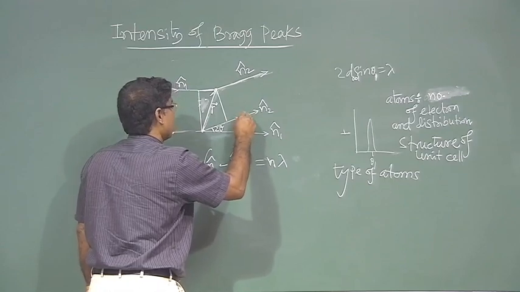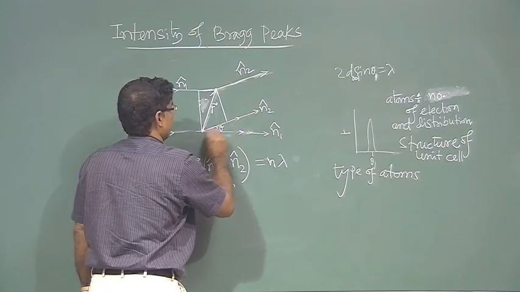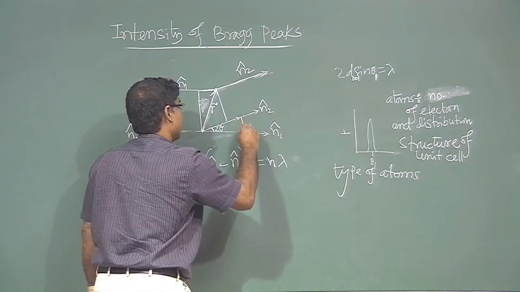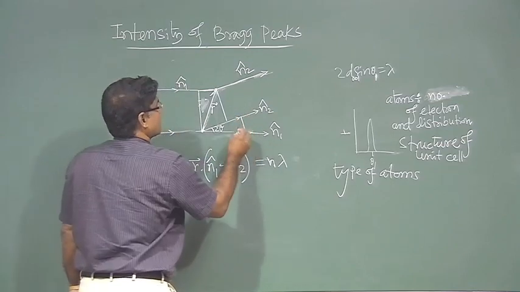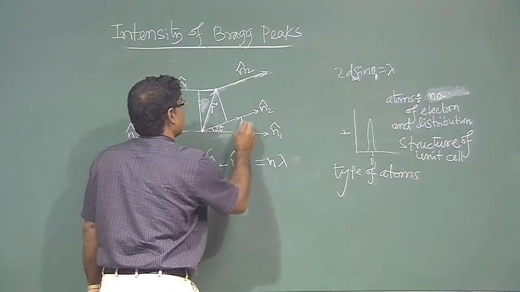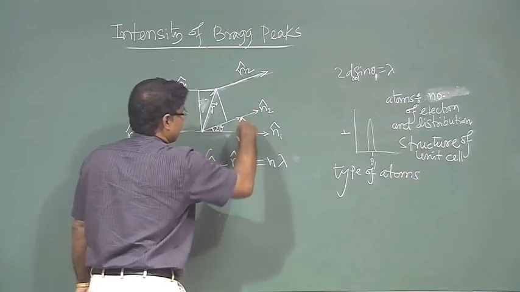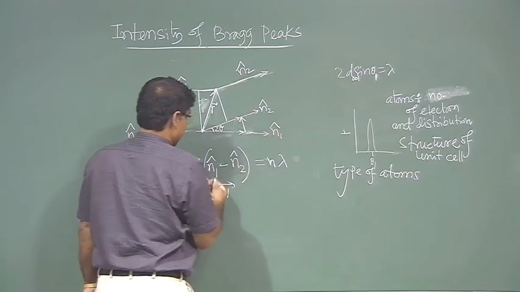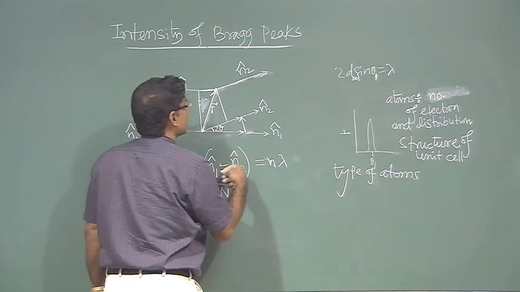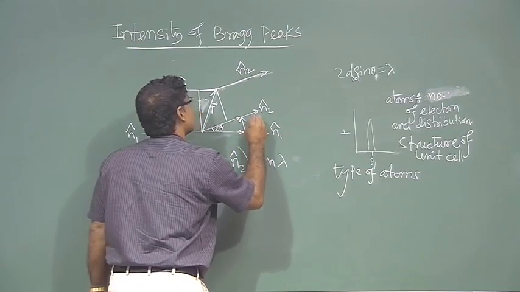So, this will be N, depending on n1 minus n2 or n2 minus n1.